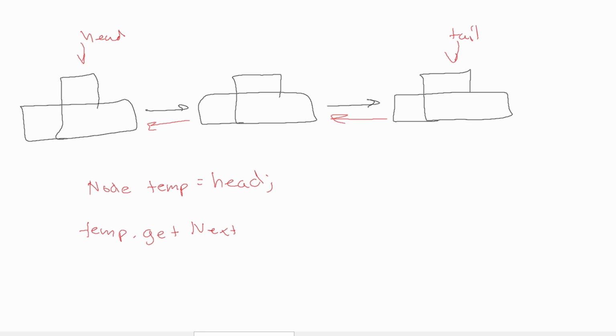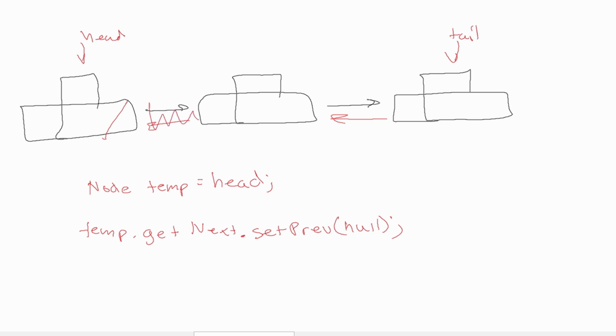So temp dot get next, we get that value, and then we want to do dot set prev. So we're looking with this get next right here, we're looking at this value, and then we are going to set the previous value. So now we're going to need to pass in something here. What we need to pass in is what we're going to set it to. And what we're going to set it to is null. So we will pass in null like this. And that means this previous value is now null, and we've broken off the link here.